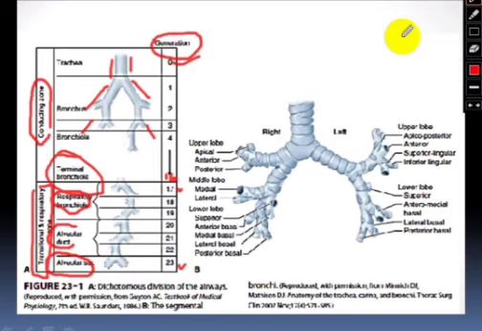It is these alveolar ducts that will now give rise to what is known as the alveolar sacs.